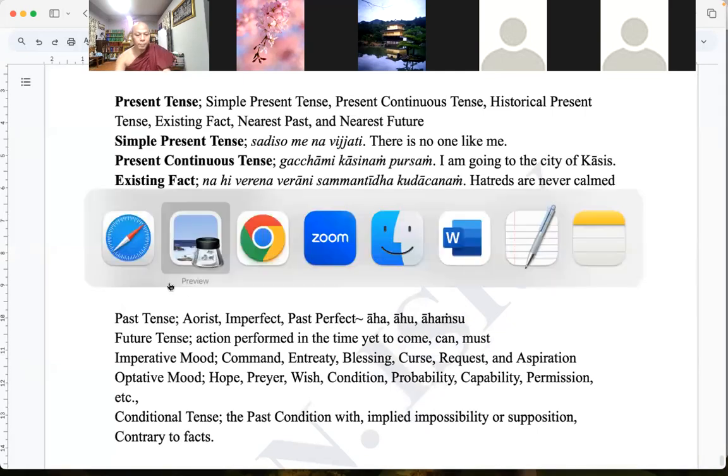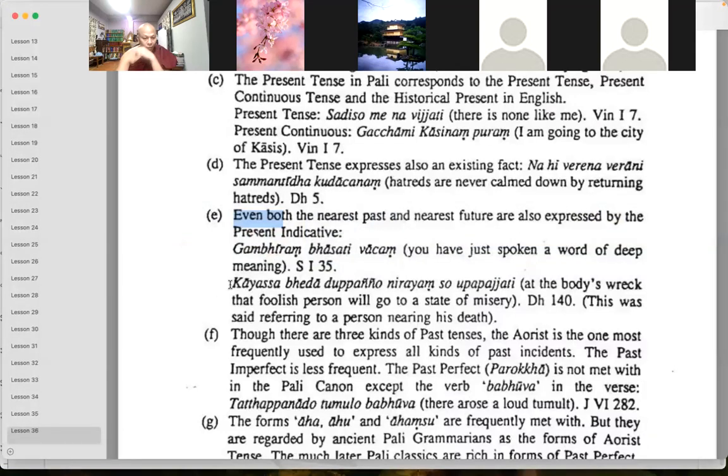And then near future. So "kayassa bheda, dubbanno nirayam so upapajjati". "Kayassa bheda", after the break of the body, "dubbanno", foolish one. So "dubbanno" is the foolish person.